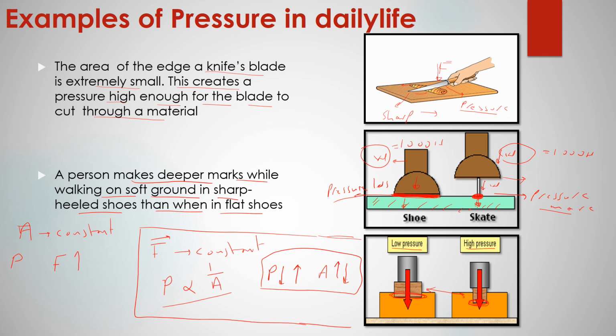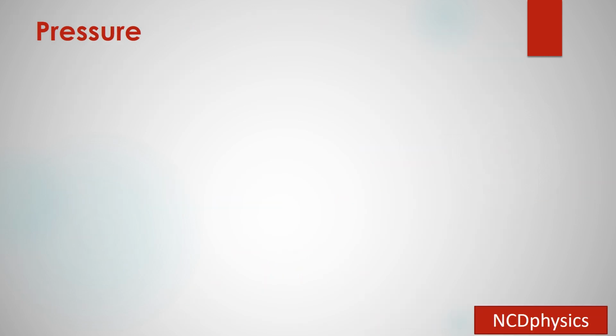Of course, when you increase the force, pressure also increases. When you decrease the force, pressure also decreases. So we can say that the pressure produced by the force on the surface is directly proportional to the force acting on it.